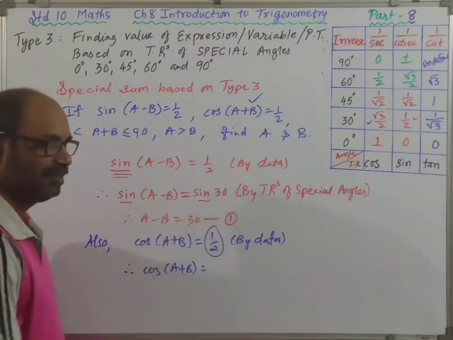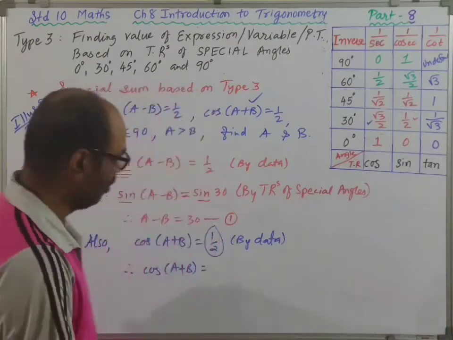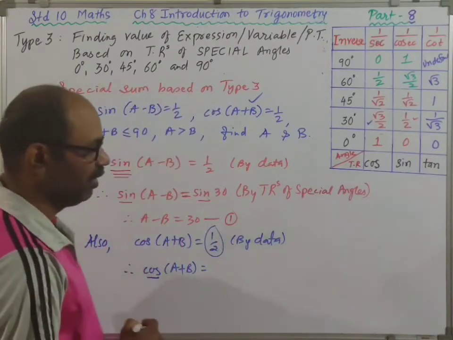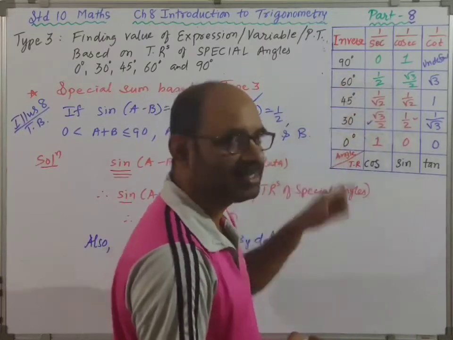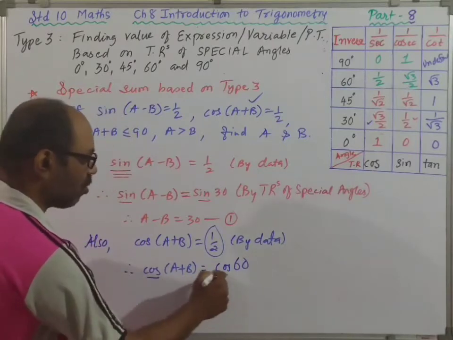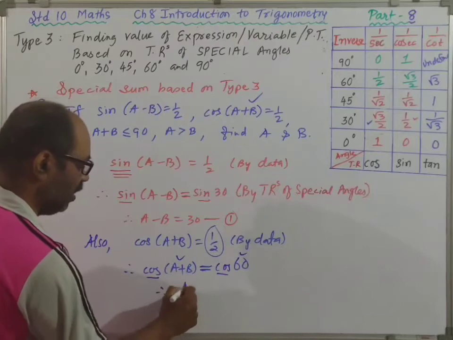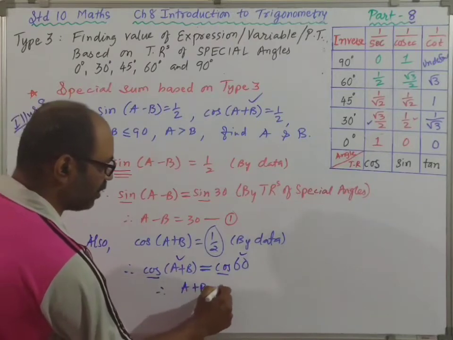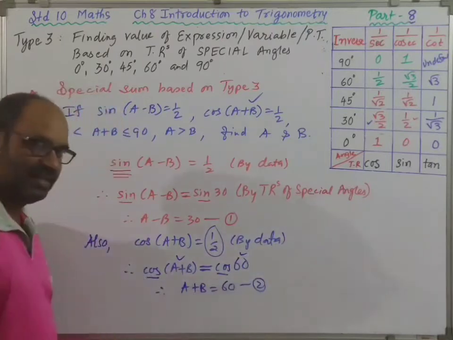Now this is some value of trigonometric ratios of special angle. But we want cos only. So cos में कहाँ half मिला? यहाँ. That is 60. So you may write cos 60. Cos or cos are equal, so you can say this angle and this angle are equal. Therefore, A plus B is equal to 60. Result 2. No need to write again that reason.